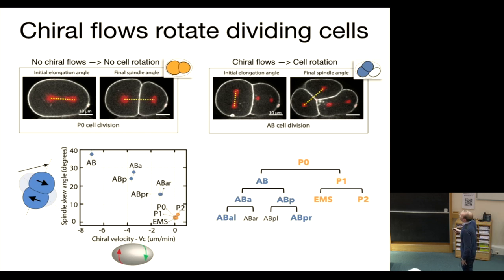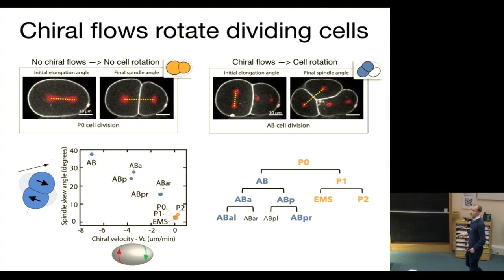And the point is that this tilting of the axis is very well correlated with having these counter-rotating flows that you see on the surface of the cell. So this is what this plot here is showing. More counter-rotating flow basically goes to the left. And you see the more of this we have, also the more we are rotating the cell. So there's a very clear correlation between flows and rotations.